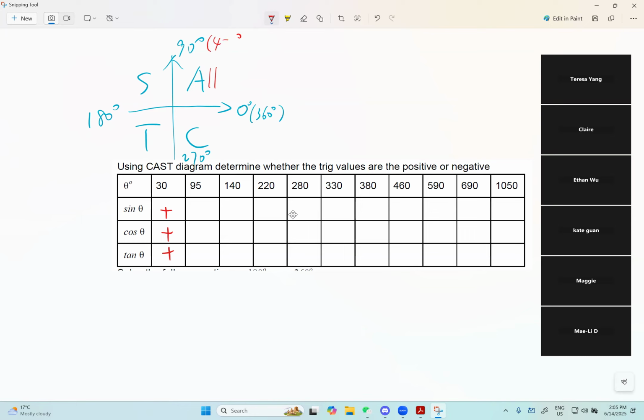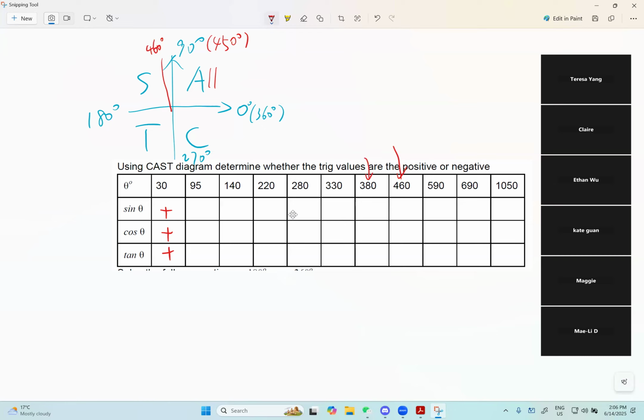For example, check this angle, 530 degree, or 460 degree. 460, you can say around here, because 90 degree, just 450. Okay, that's the idea.